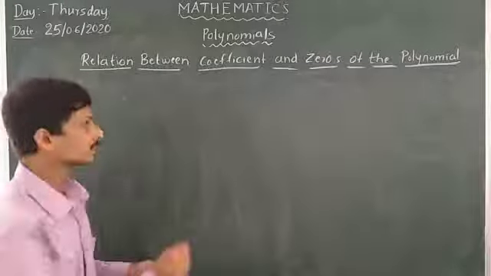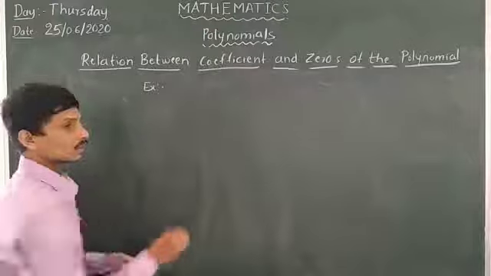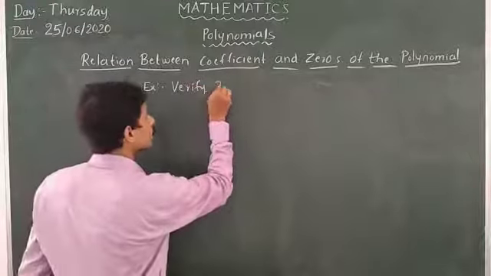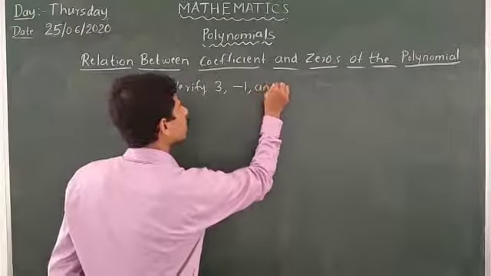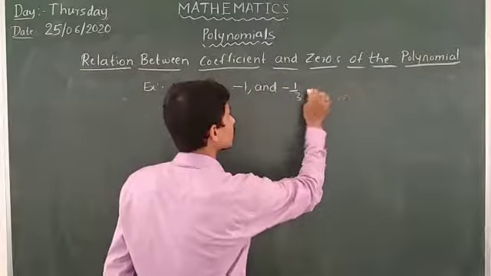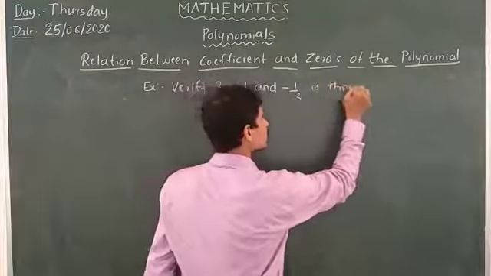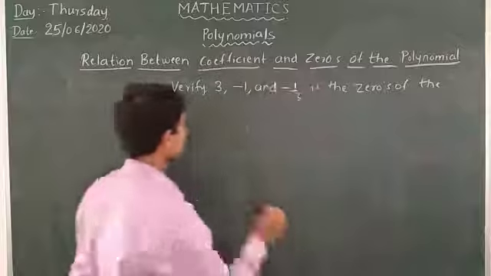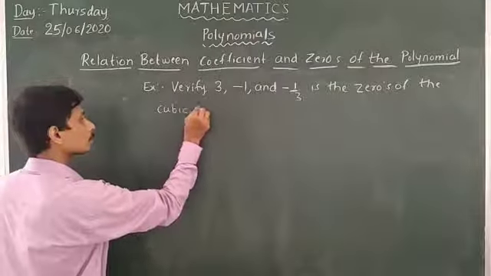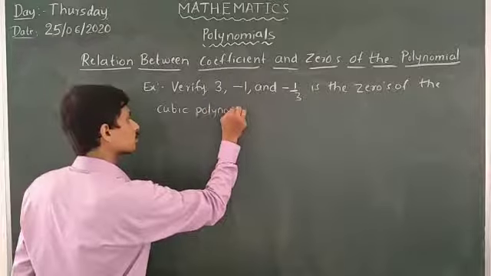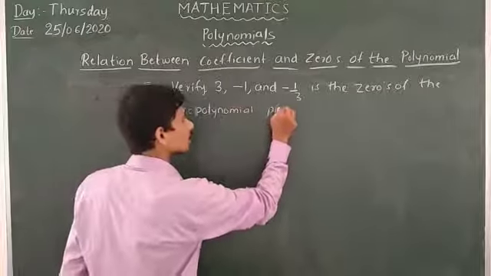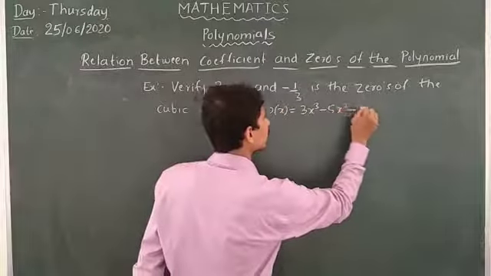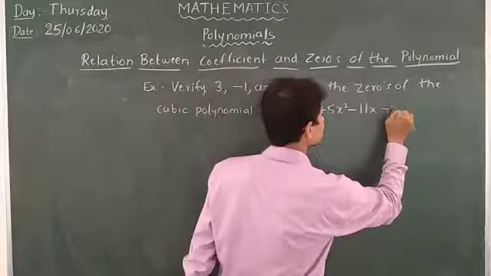Here I will take one example: verify that 3, minus 1 and minus 1 by 3 are the zeros of the cubic polynomial p of x is equal to 3x cube minus 5x square minus 11x minus 3.